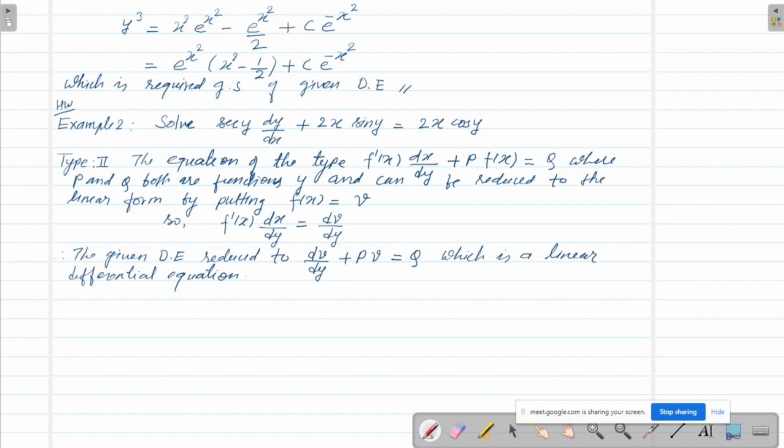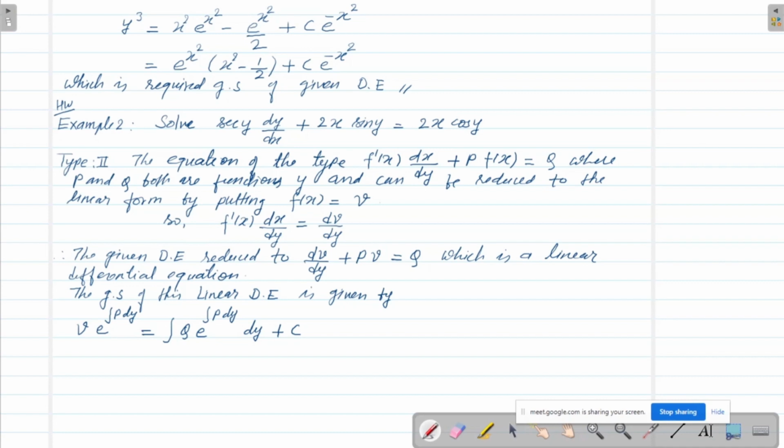Therefore the general solution of this linear differential equation is given by v e^(∫p dy) = ∫ Q e^(∫p dy) dy + c, where c is the integrating constant.